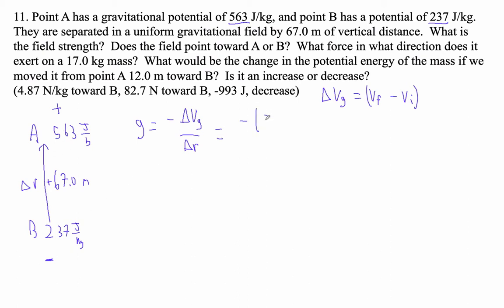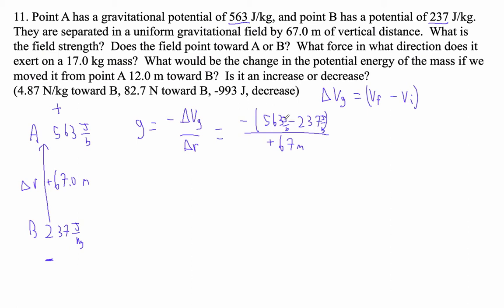Opposite of 563, which would be my final, minus my initial, because I started here and went there. And then my displacement is positive 67. And these, by the way, are joules per kilogram and meters.